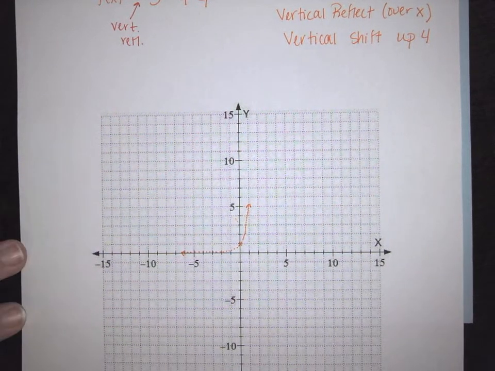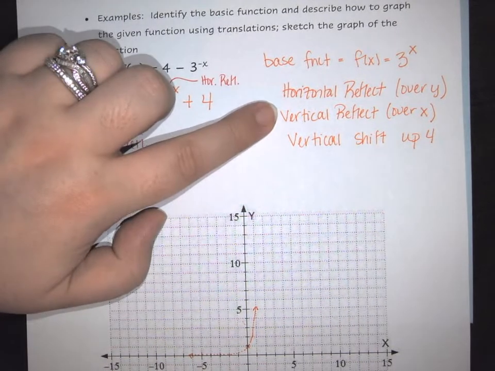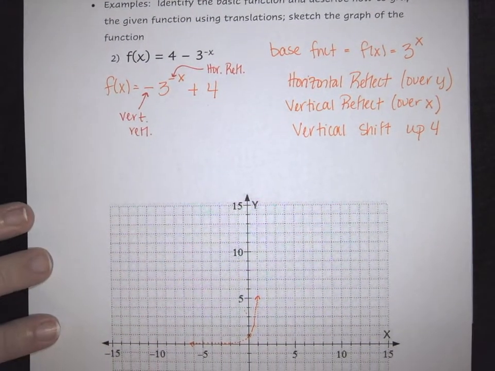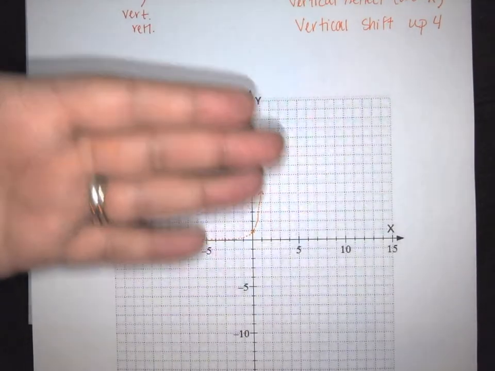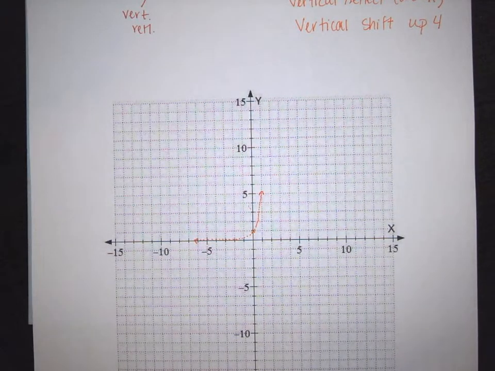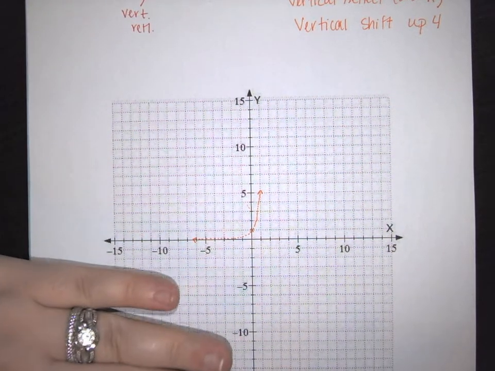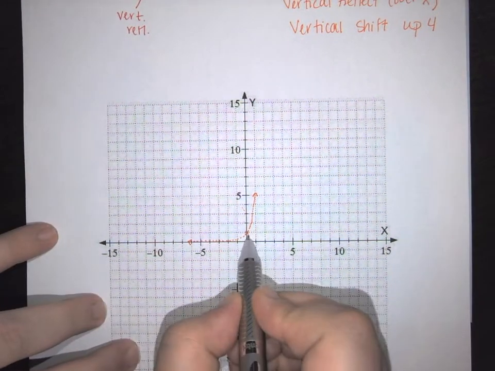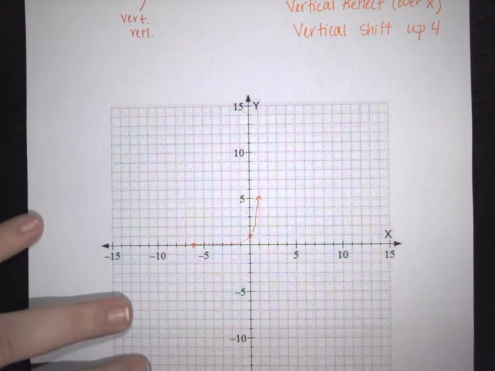Now with this, we have to be able to graph the other. So once you identify the pieces, the first thing we have to look at is what the reflection is doing. So my reflection here is first going to be horizontal, which goes over the y. So it's going to reflect it down over the y to here. And so what that means is that my horizontal reflection is going to move.